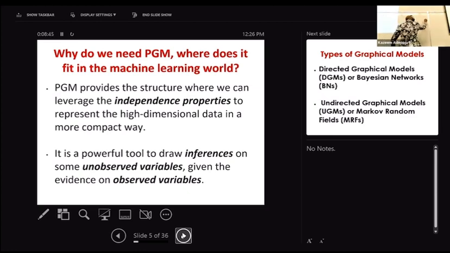Maybe I can't really see, the picture is not clear, and you now want to predict how the picture is going to look. So given the evidence, you now want to figure out the probability of the unobserved. How do I get the probability of unobserved given observed? That is what the PGM does.